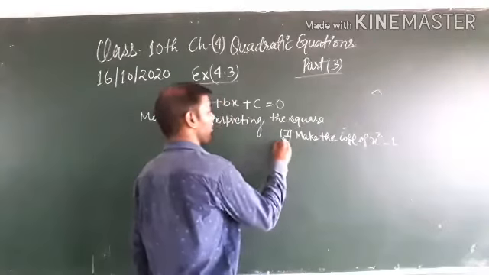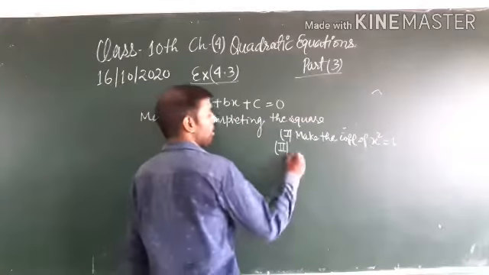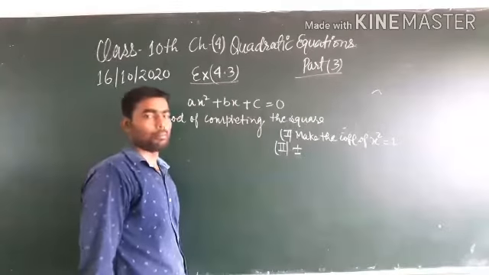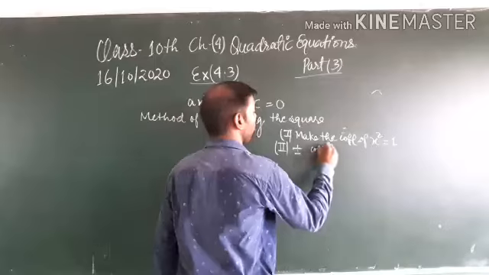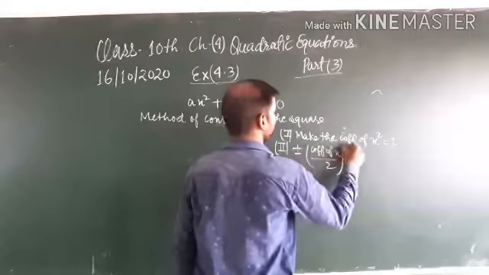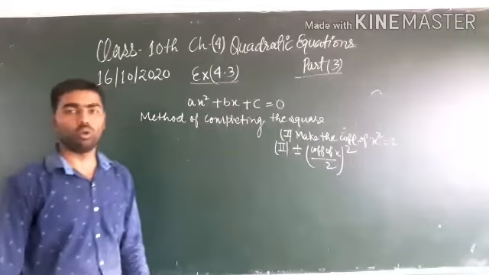And the second step is to add and subtract the coefficient of x by 2, to the whole square.